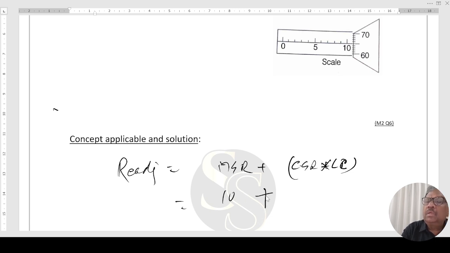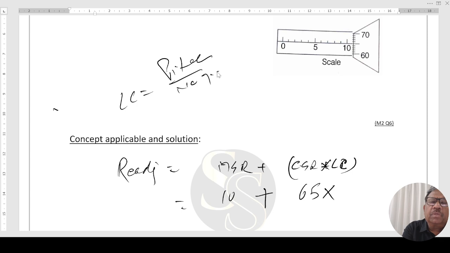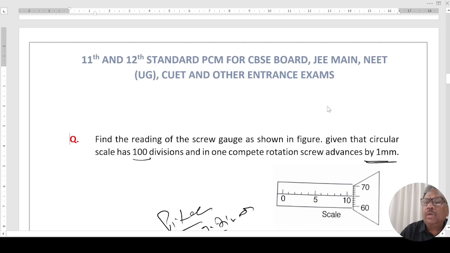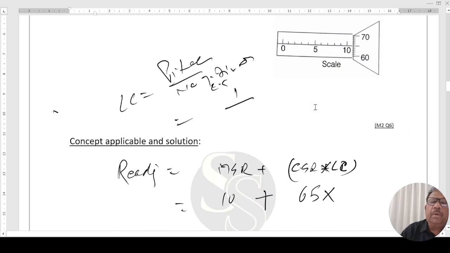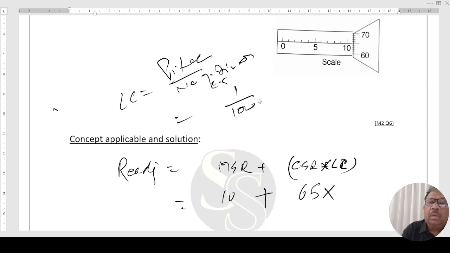Plus circular scale reading 65, into least count, equal to the pitch upon the number of divisions on the circular scale, 1 divided by 100, that is 0.01 mm.